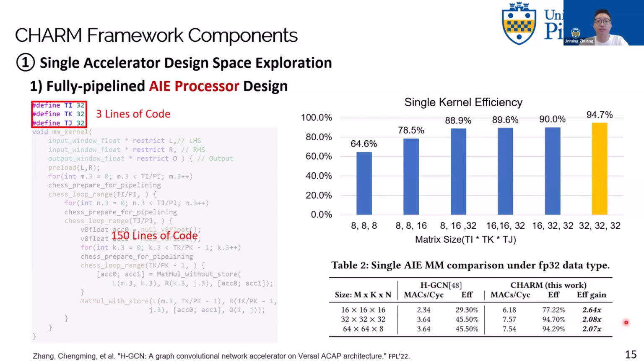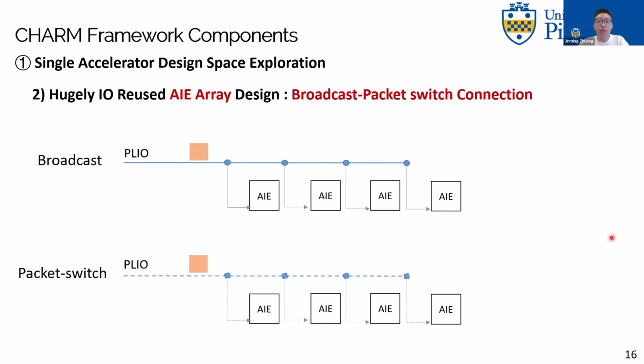And then when scaling out to the AIE array, the number of ports connecting PL and AIE, namely the PL IO, could be the bottleneck, especially when nearly 400 AIEs are utilized. The IOs in the AIE array can send data from one port to multiple destinations through 2 mechanisms, which are the broadcast and the packet switch.